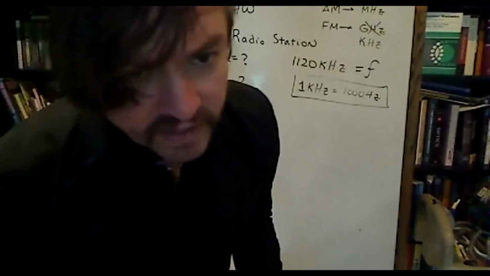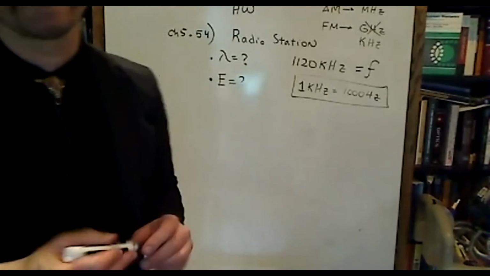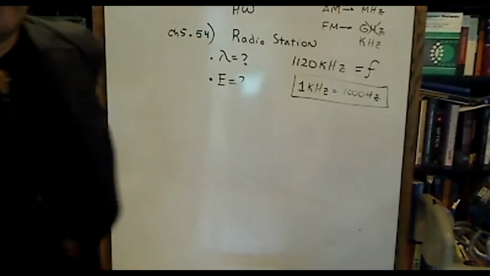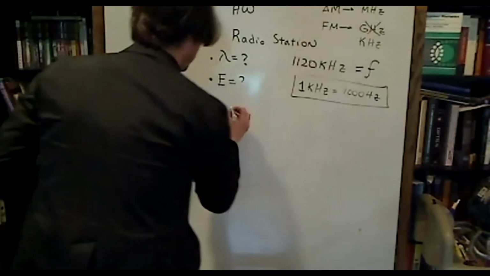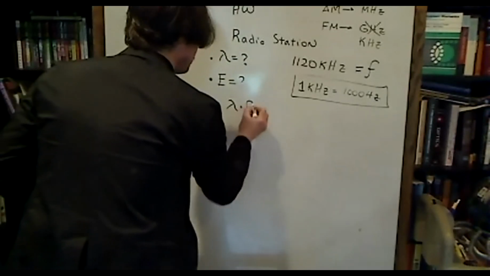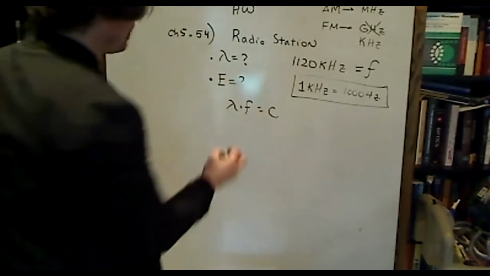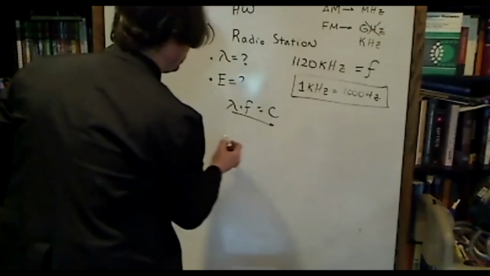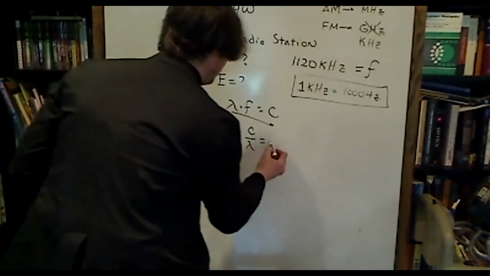Okay, we need some formulas. Which formulas? Wavelength times frequency equals speed of light. And we have to solve for frequency. So I'm going to take wavelength and push it down to the bottom. Frequency is the speed of light divided by wavelength, right?